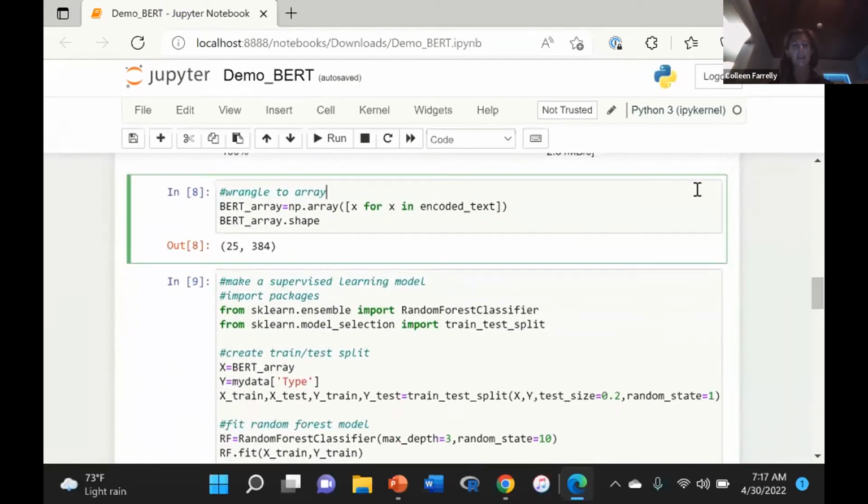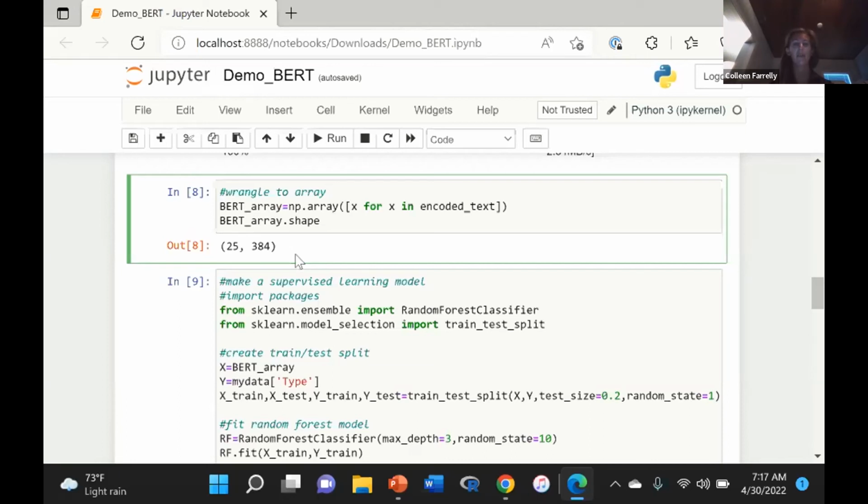The next thing that we do once this is embedded, we want to wrangle this into something that's going to work nicely in a supervised learning model. So we use the NumPy package to turn this into an array. You can see that we have 25 poems and 384 components that came out of our BERT model.